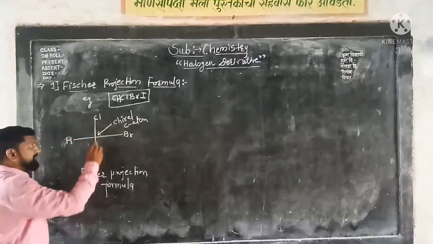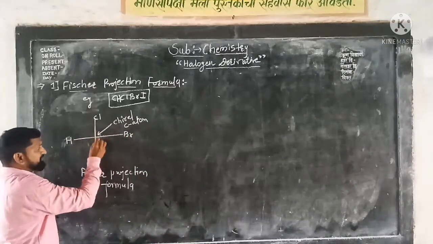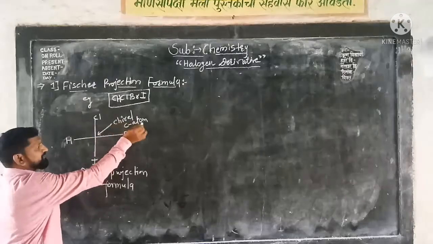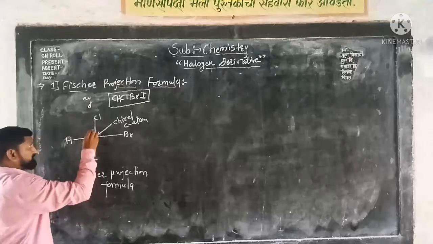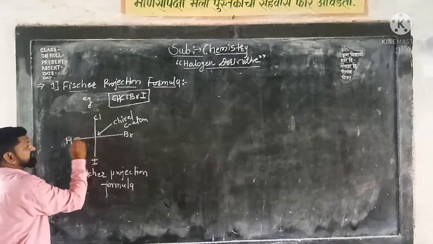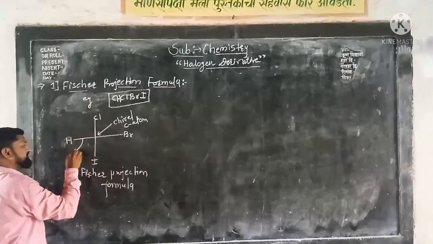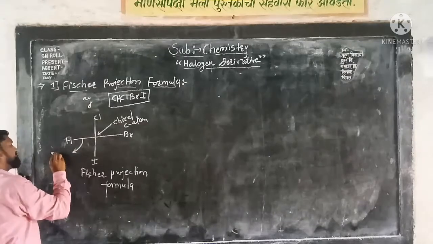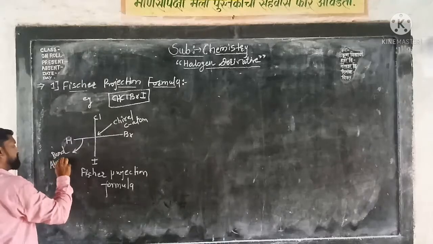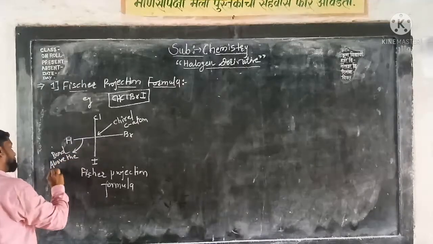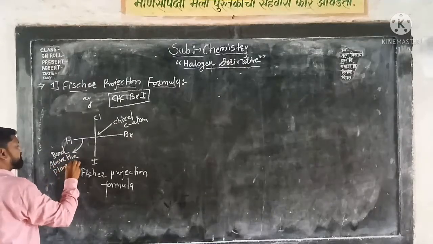At this center there is a chiral carbon atom. Now everybody see here, this bond, this CH bond, here we can write: bond above the plane of paper.